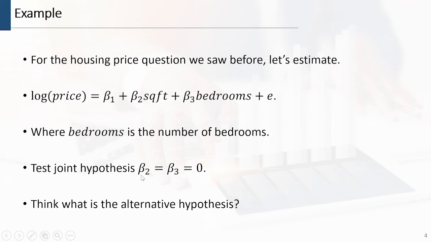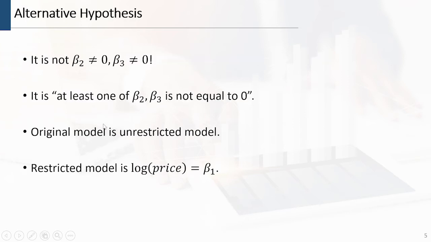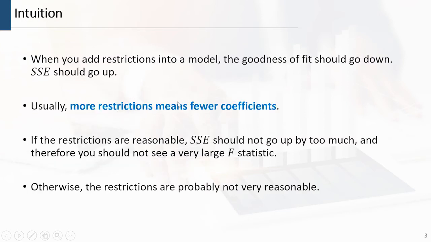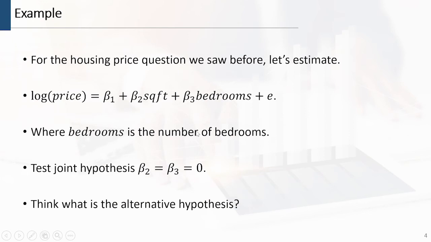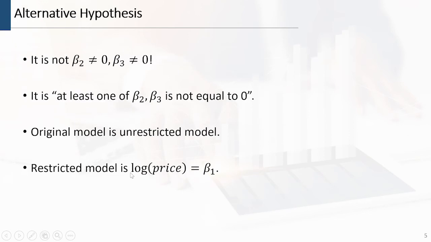So when beta 2 and beta 3 are 0, you have a 0 here and a 0 here. So the restricted model is very simple. It only has one parameter, that is the constant term. As we know before, the restricted model has fewer coefficients compared to the unrestricted model. It's simply log of housing price equal to the constant term.